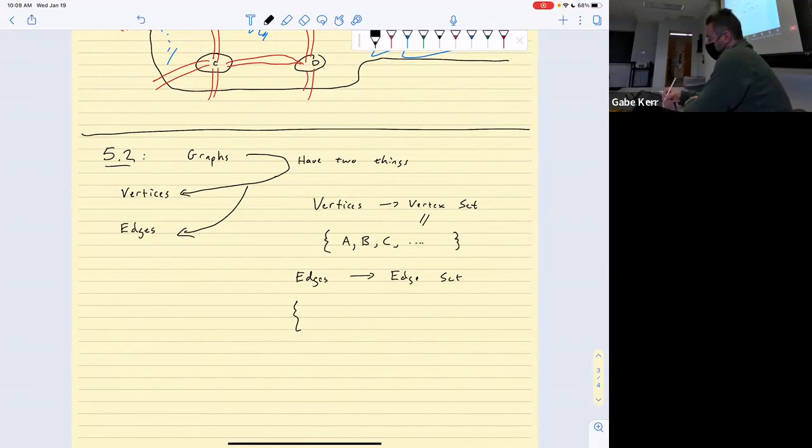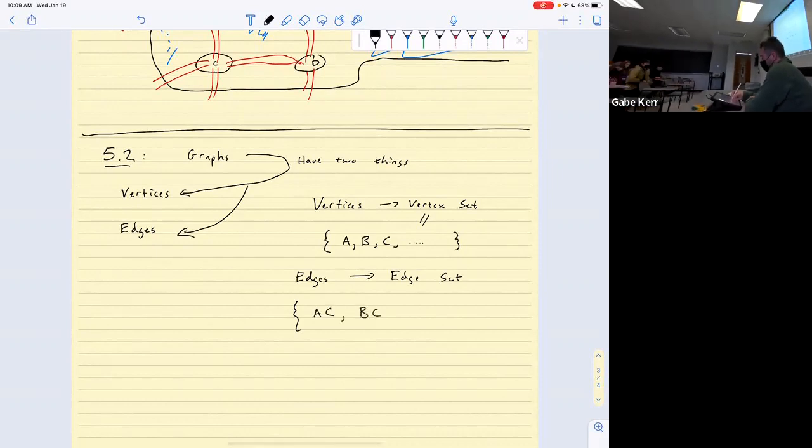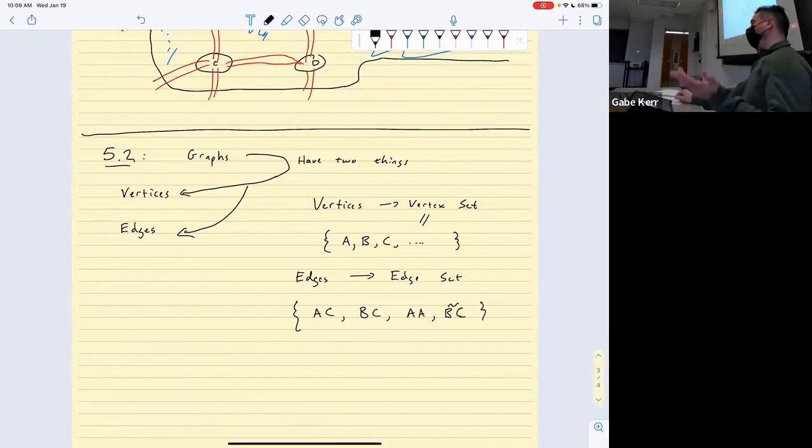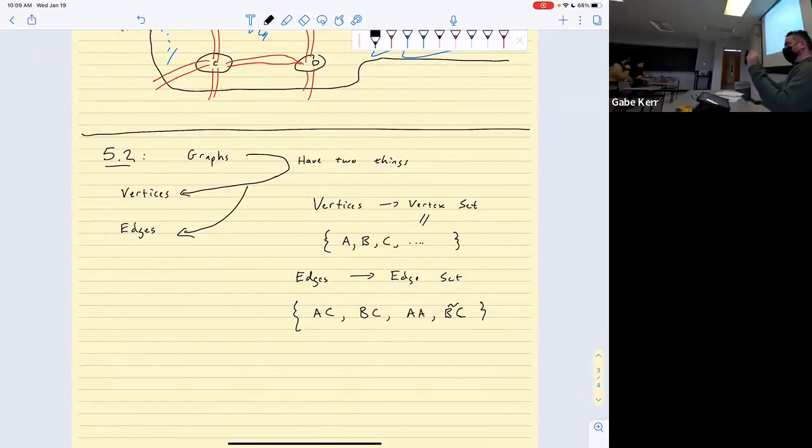So you can say A, C, A, and we're going to allow ourselves to do something like this, maybe put a little tilde on it. In other words, we'll allow multiple edges between two vertices.